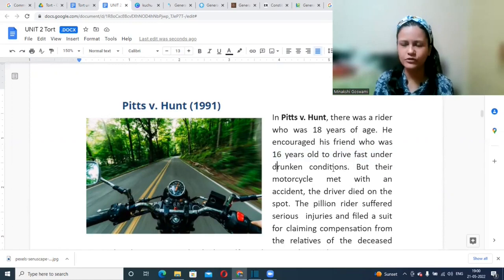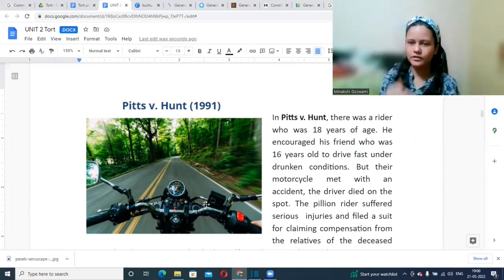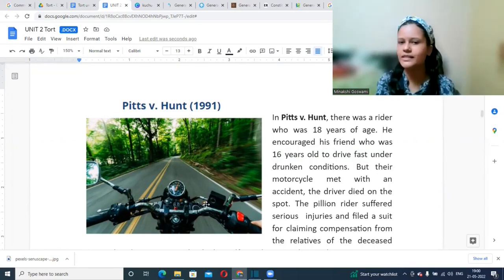Okay, he was already drunk, the minor was already drunk. Still the major said that, okay, fine, you ride this vehicle very fast. And the minor was riding and the major person was sitting on the back. Now there was an accident that took place and the major person who was above 18 years suffered some serious injuries and he filed a case claiming for compensation.